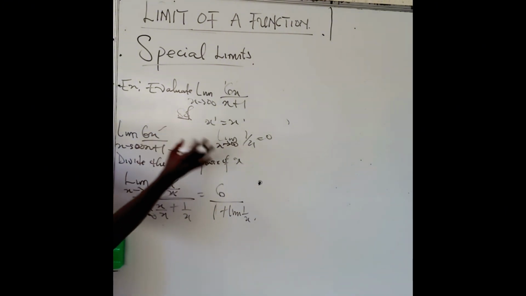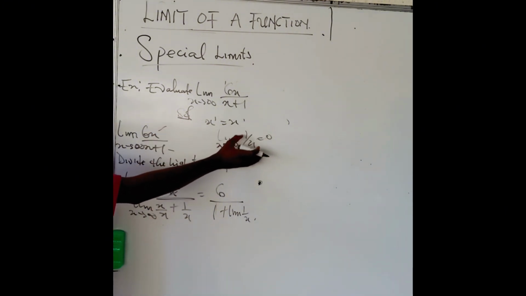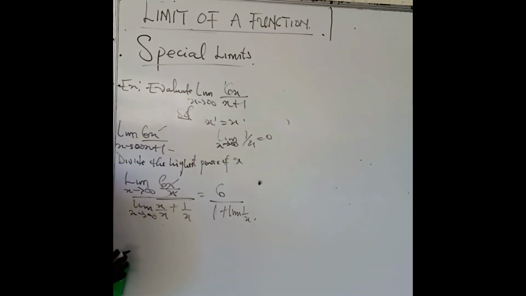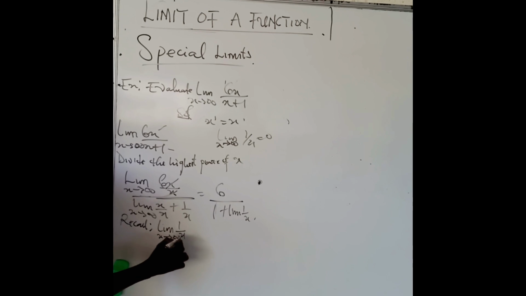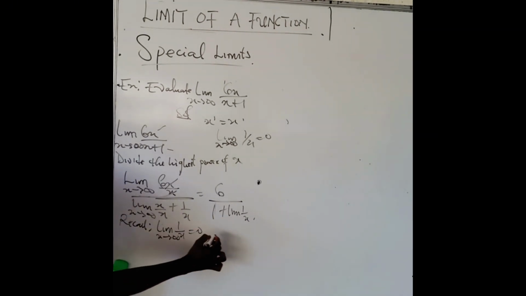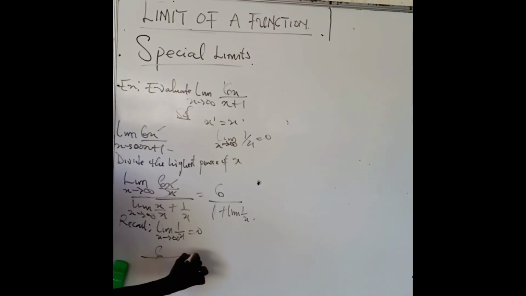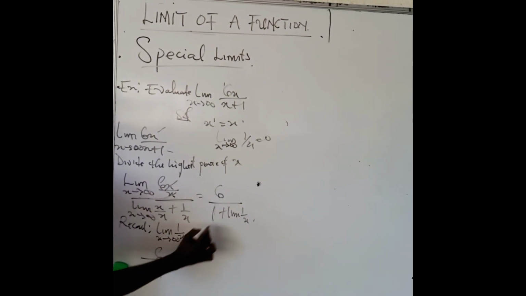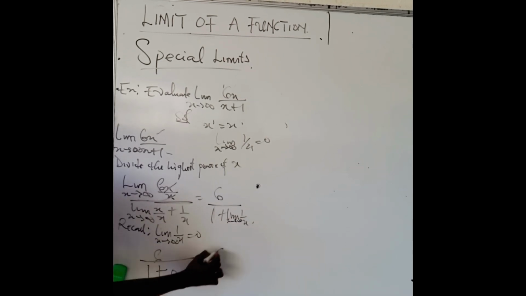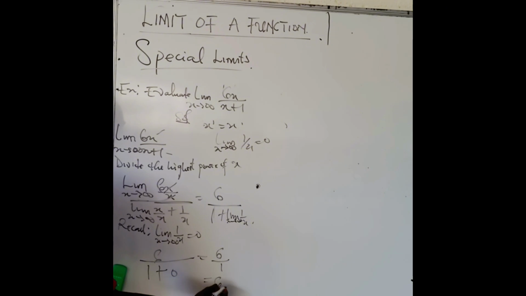It means whenever you see limit of 1 over s, it is going to indicate 0. So that is now going to be equal to 6 over 1 plus 0, which is 6 over 1. So your answer is going to be 6.